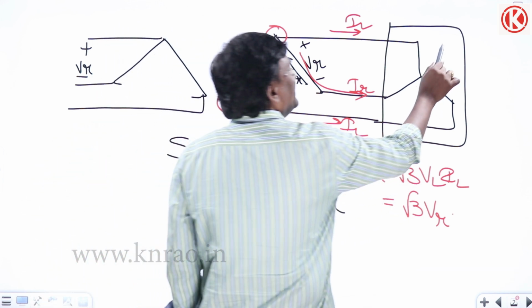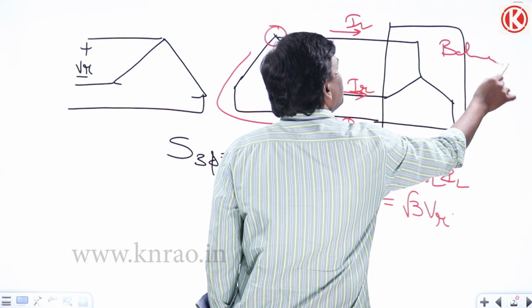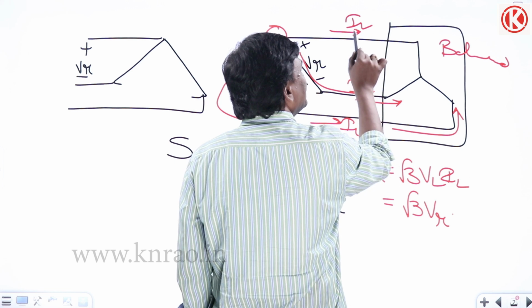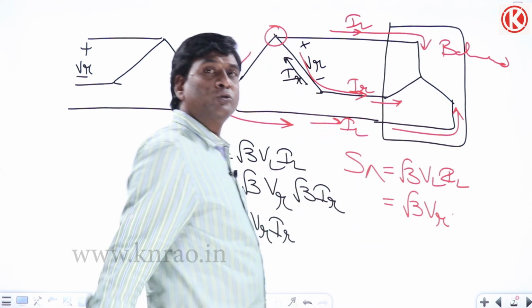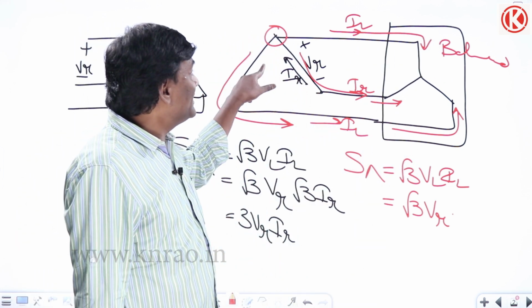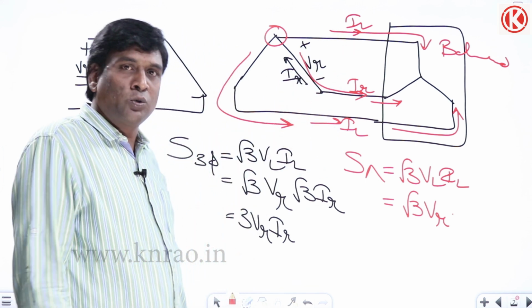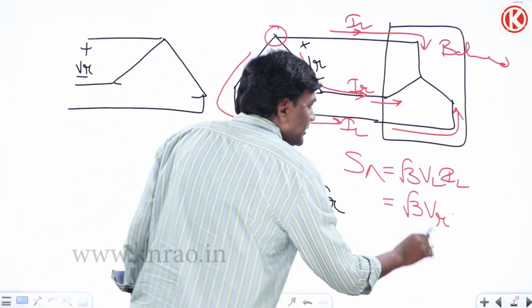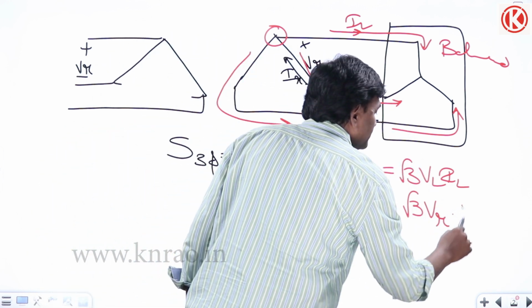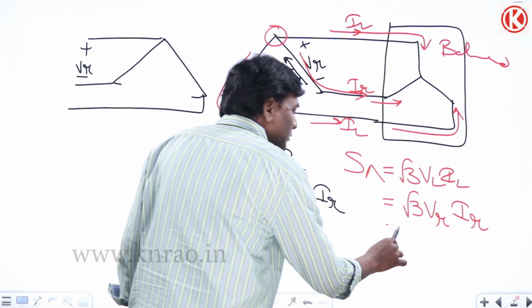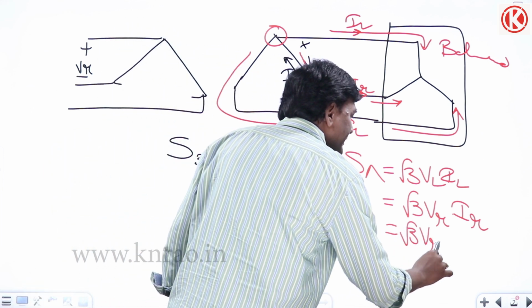So with balanced load, whatever current this phase is taking, the same current the other should also take. Internally how it gets divided, we will do that intricate analysis later. So how much will be the current here? Rated current. So S of open delta is going to be root 3 V rated I rated.